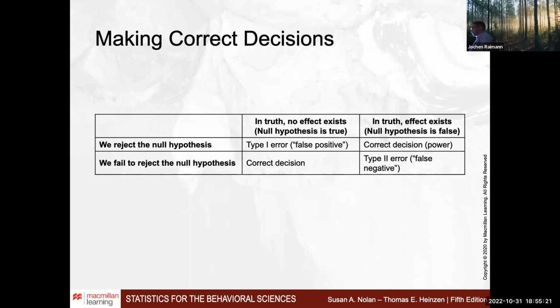Secondly, you have the type 2 error. When you have a type 2 error, you're not seeing a difference, although you should have seen one. What's the problem with that?